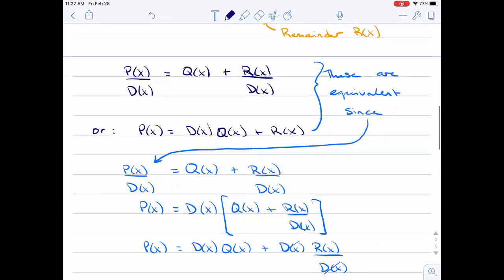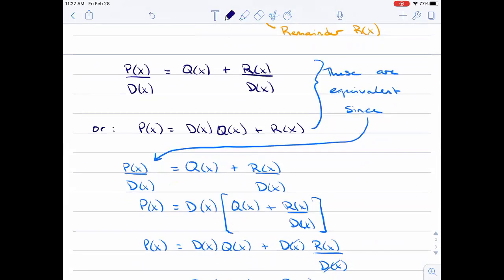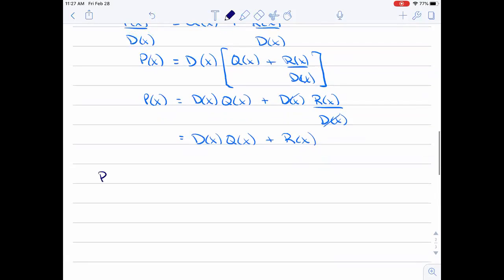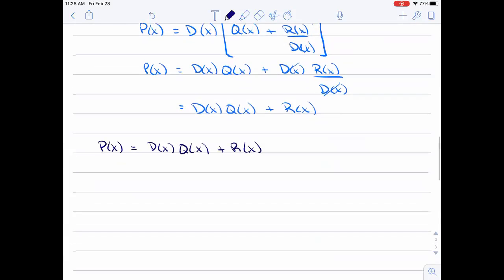So in our case, if we say p of x is d of x, q of x plus r of x, in our example, I'll put it in the middle of the page actually.